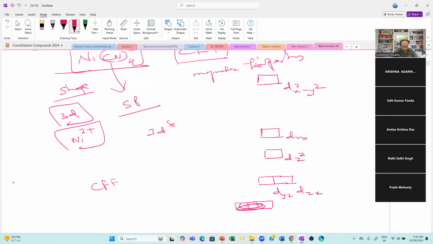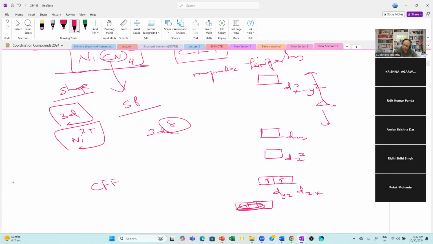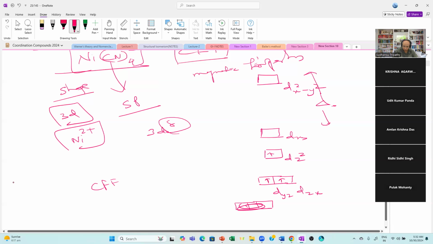And therefore, this gap is actually Δo. This we call Δo. And these are small gaps. So the 8 electrons will be filled up, first in these 4 orbitals up to dxy, using Hund's rule and Pauli's exclusion principle. Hund, then Pauli.